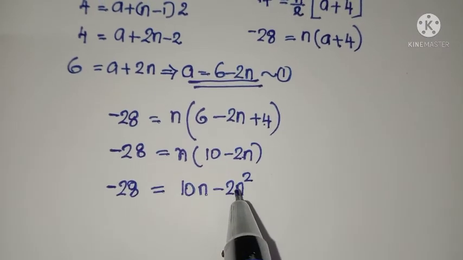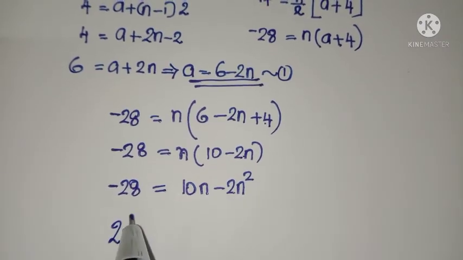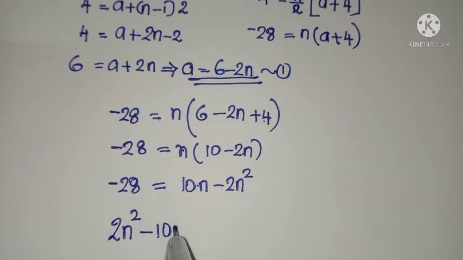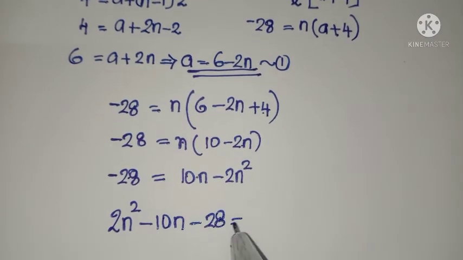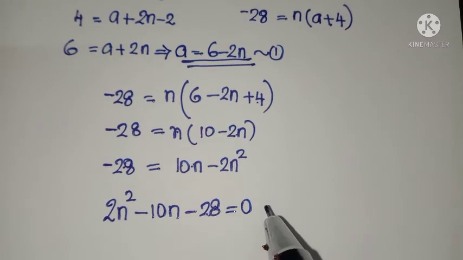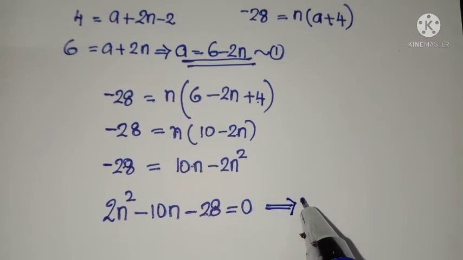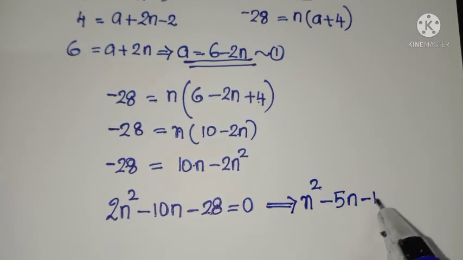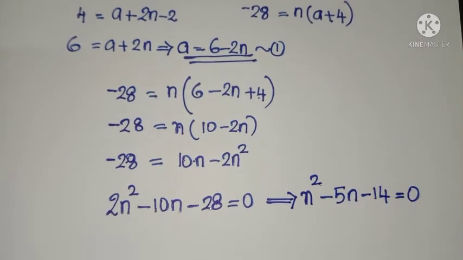So minus 2n square becomes 2n square, plus 10n becomes minus 10n, then minus 28 equal to 0. Here we can divide throughout by 2. So this is same as n square minus 5n minus 14 equal to 0.